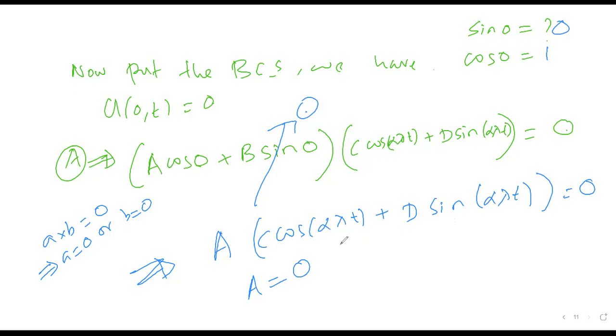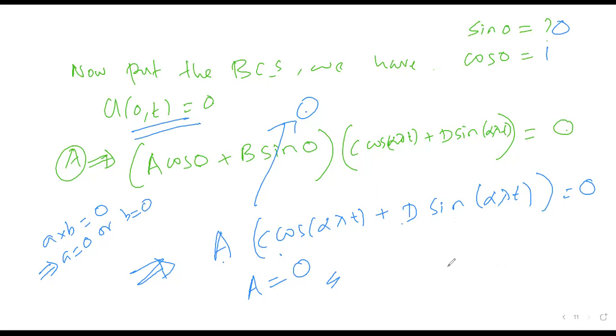Yes. So maybe this is equal to 0 or this is equal to 0. I'm going to take A is equal to 0. So this is my answer from this boundary condition.